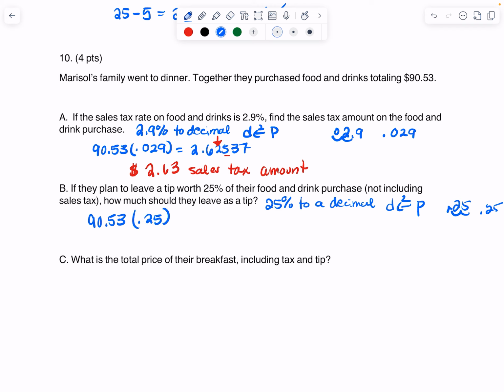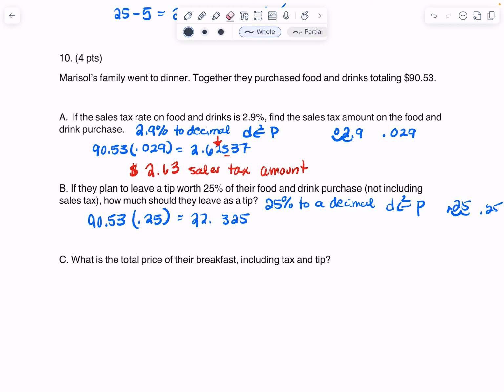So let's go ahead and do that. 90.53 times 0.25, which is the tip amount. And when I do that, I get 22.6325. Again, since we're talking about money, we have to round to the hundredths place.